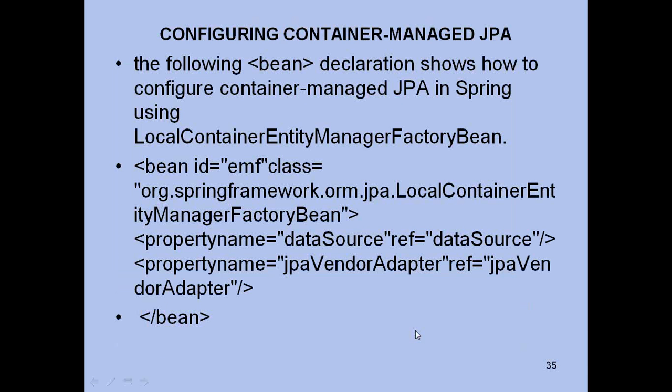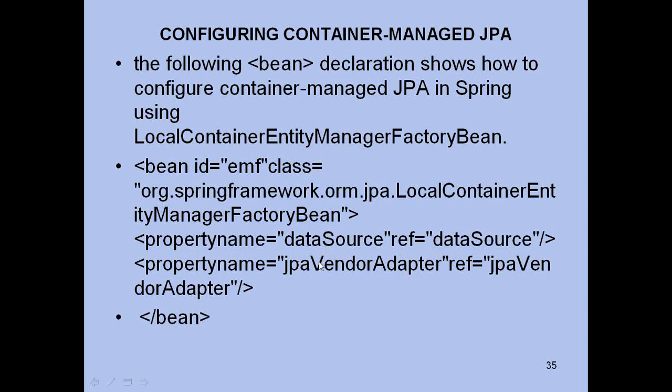Now let's see how to configure container managed JPA. The following bean declaration shows how. Earlier you were using the local entity manager factory bean, whereas here you should use the local container entity manager factory bean. It has a property named data source.